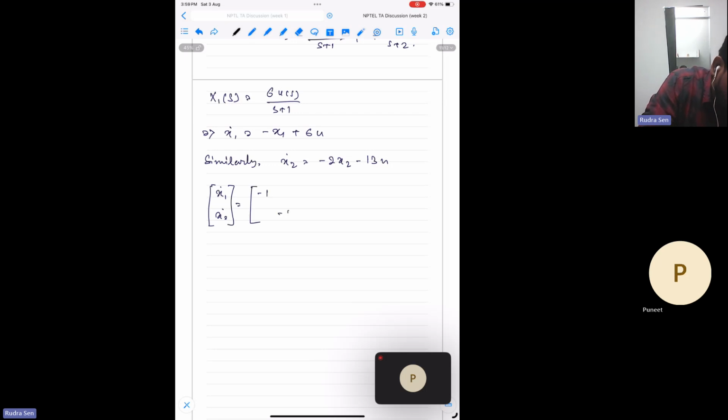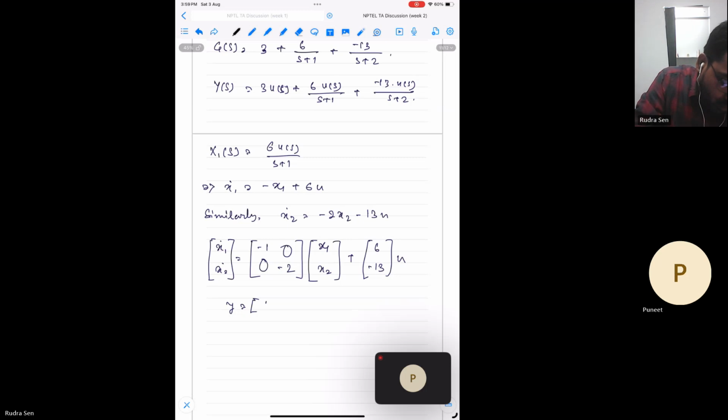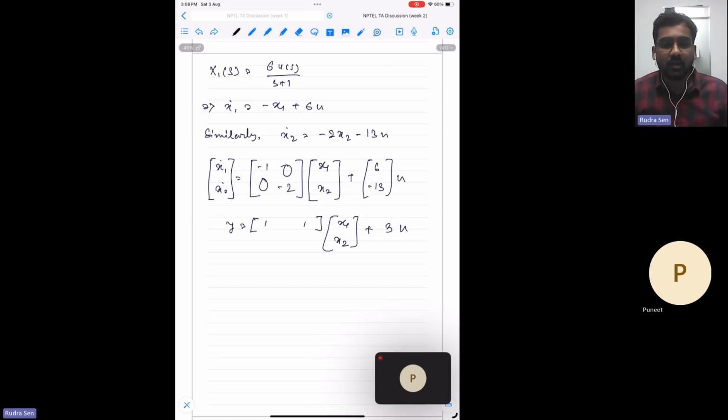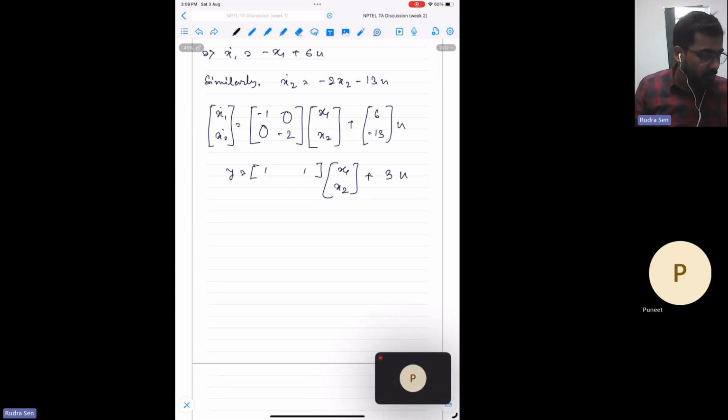We will get x dot equals [minus 1, 0; 0, minus 2] times [x1, x2] plus [6, minus 13] times u, and y equals [1 1] times [x1, x2] plus 3 times u. So this is basically the diagonal canonical form for the transfer function whose numerator and denominator have the same degree, that is, a proper transfer function.